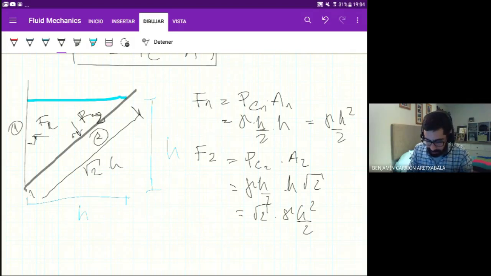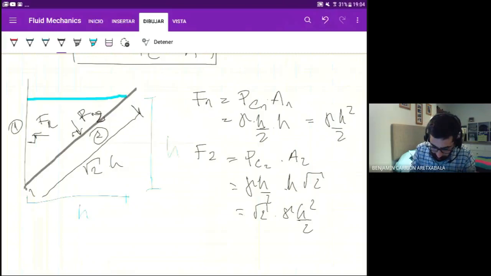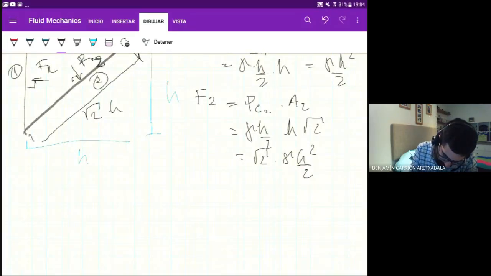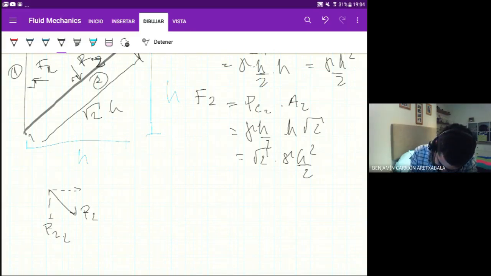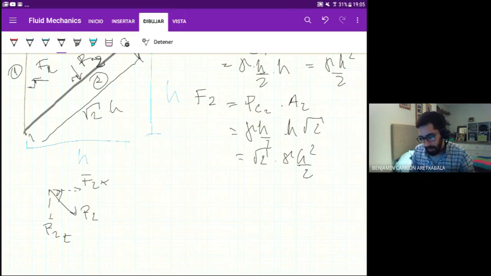And why is that? Because if you have F2, this is going to be F2 y and this is F2 x, and this is theta, and theta is 45 degrees.